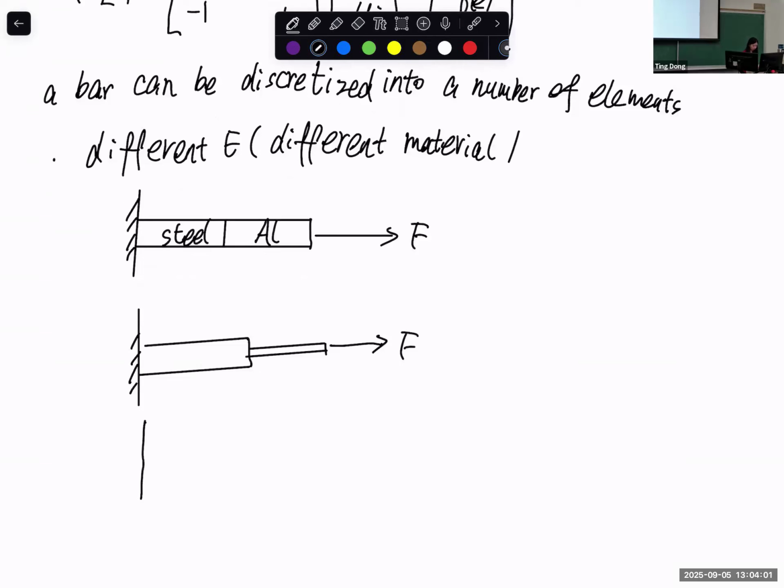And of course, a typical example where FEA becomes very useful is if you have a shape like this. In this situation, it's really hard to calculate by hand.